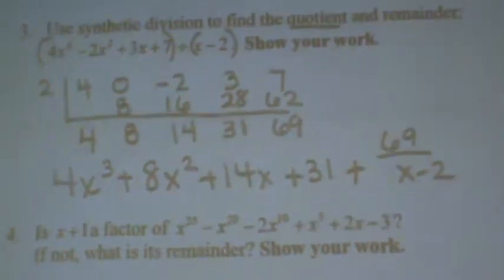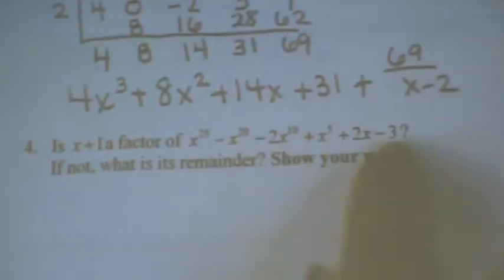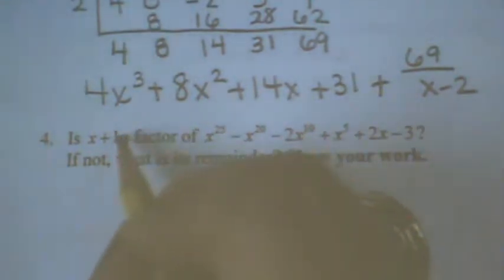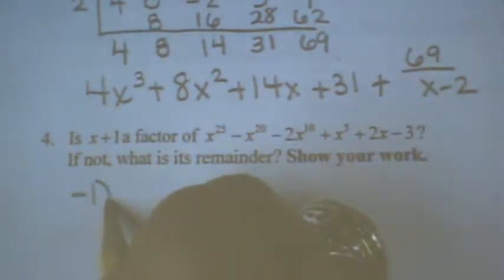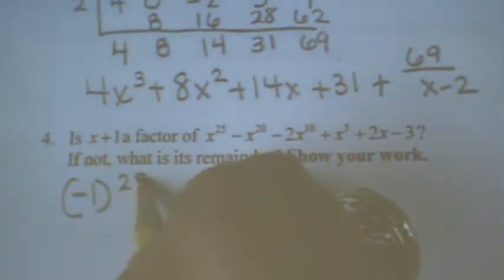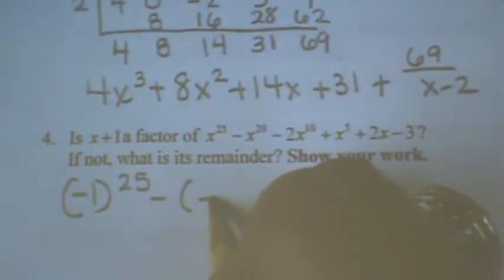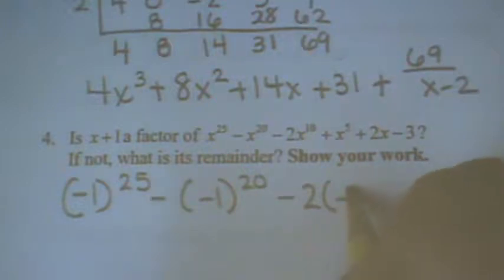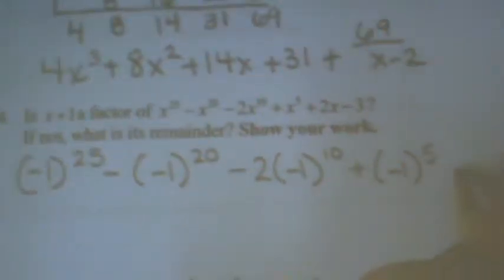Number 4, is this a factor of this problem? You're going to evaluate this for -1. So what is -1 to the 25th power, minus -1 to the 20th power, minus 2 times -1? You're going to use the fact that you take a negative and raise it to an odd or even power.